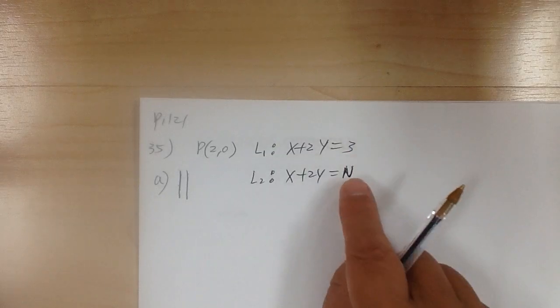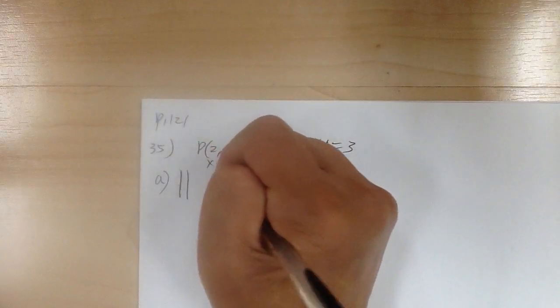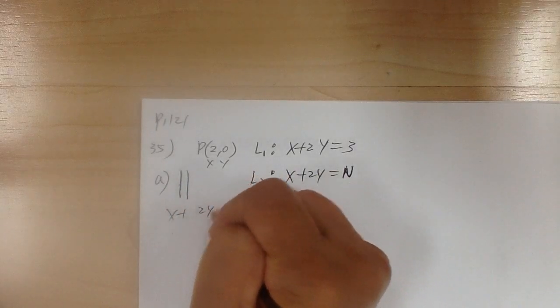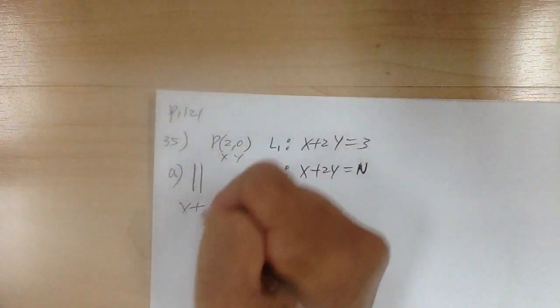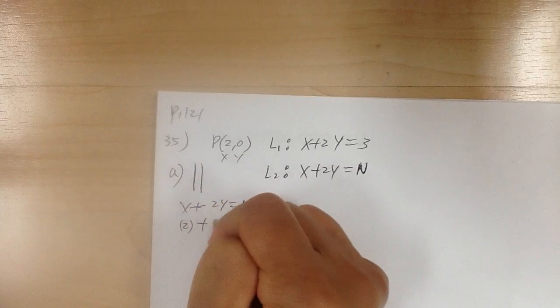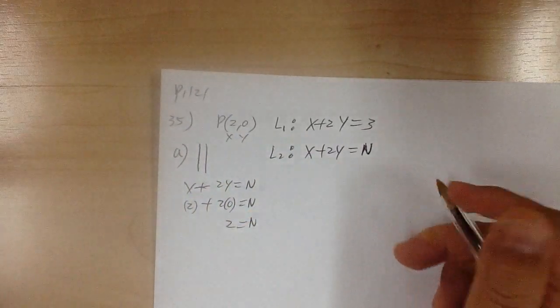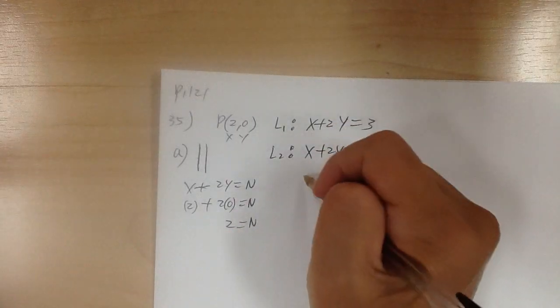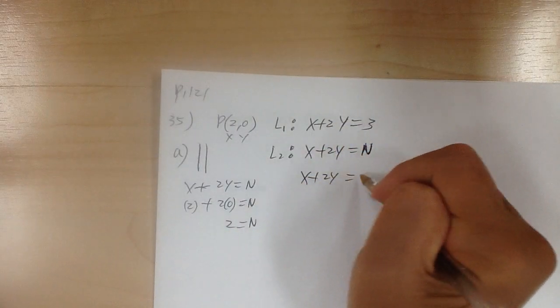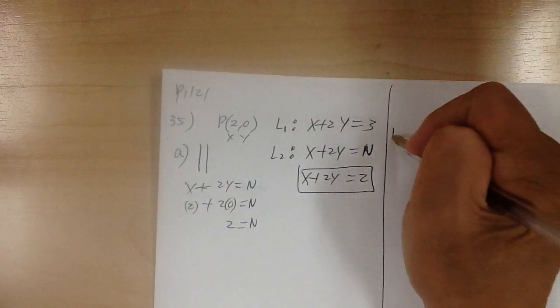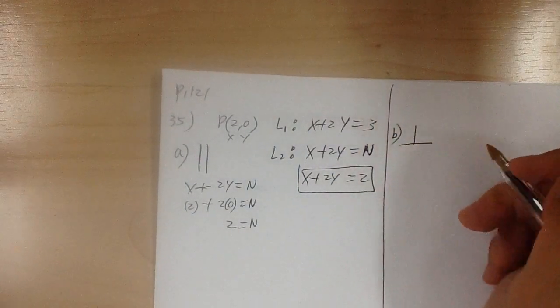So to figure out this n, that's your x and the y, so you can put this in here. So x plus 2y equal to n. Substitute this into here. So n will equal 2. So once you find n equal to 2, this would be x plus 2y equal to 2. Now for part B, we're looking for the perpendicular line.